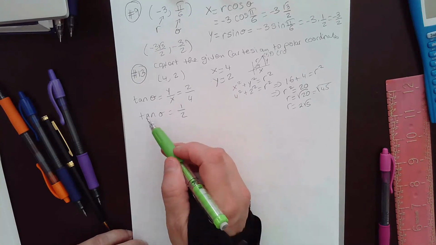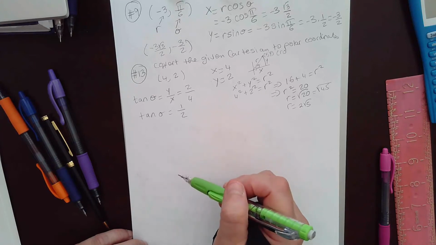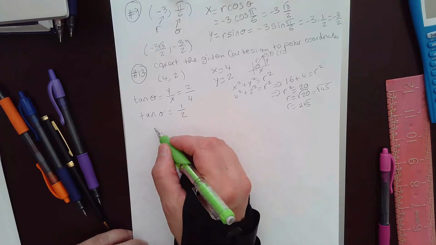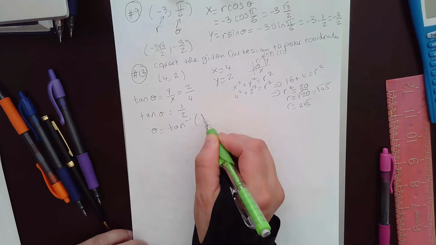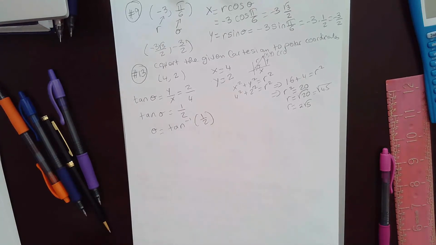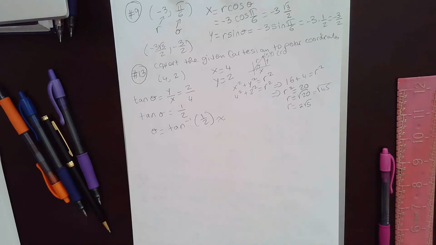It would be if this is sine or cosine, but not for tangent. So in order to find theta, what do we use? We use the tan inverse of 1/2. So go ahead and get that. And let's see.